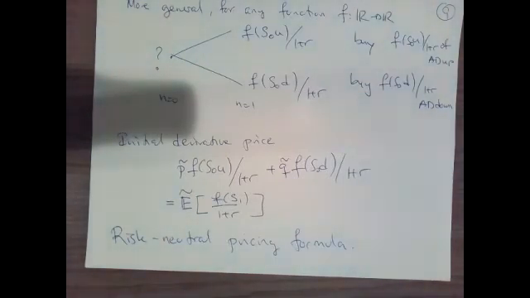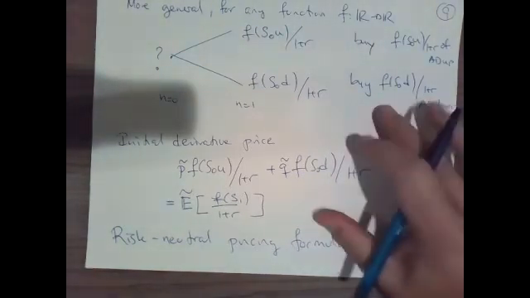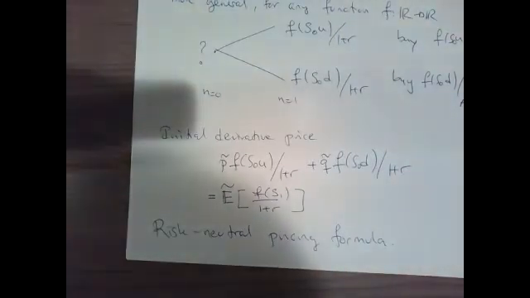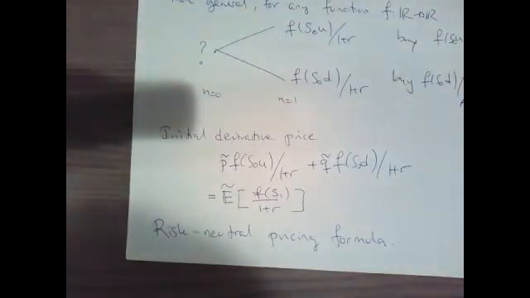Why is it risk neutral again here? Let me ask you a different way. What other probabilities do you want to put there? And these are the only ones we have, right?